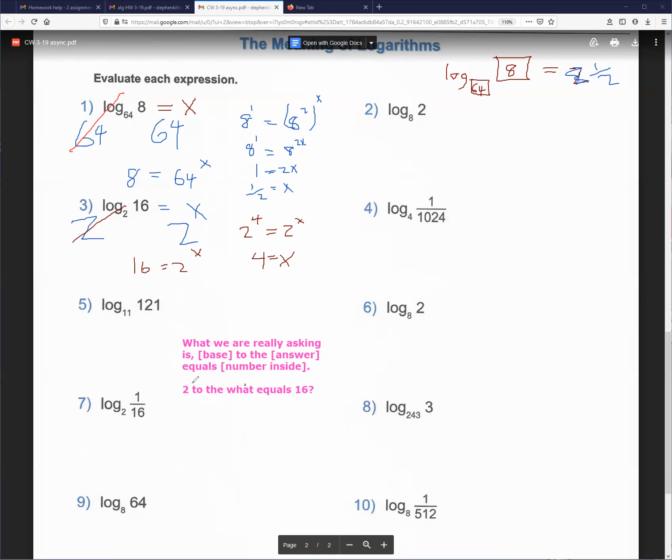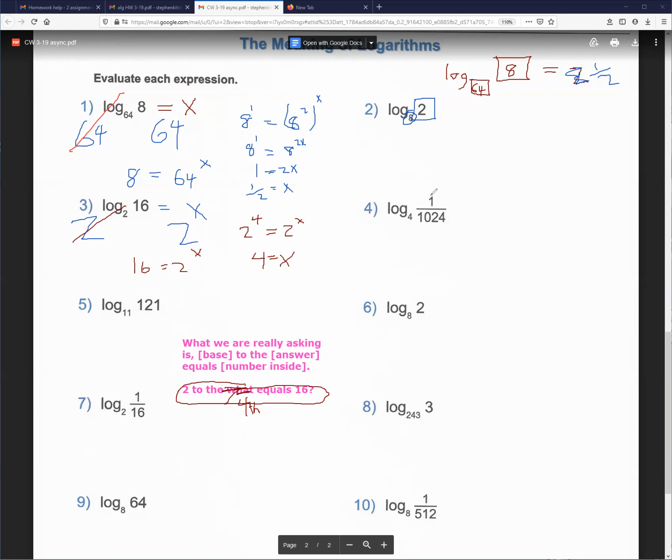And if you come back to the statement I wrote here, 2 to the fourth equals 16, which it does: 2, 4, 8, 16. So that is how every single one of these is going to go. If the number on the base is bigger than the number that we are doing the log of, you're going to have a fraction.